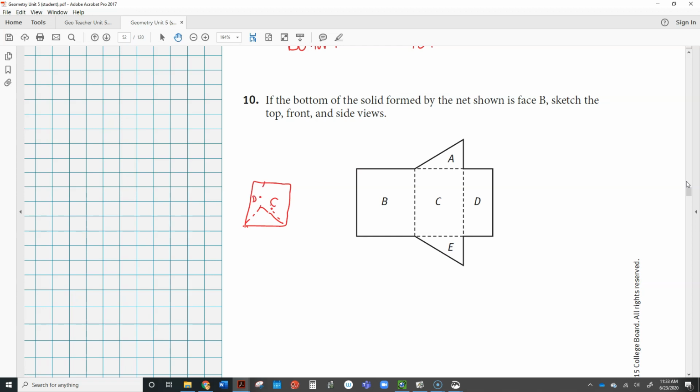So the top is going to be like a triangle, and these sides right here are going to close these in. This will be side E, and then down here we'll have another triangle that will close that in, side A. So when I'm looking down at the top, I'm going to see some of C and I'm going to see some of D. So I'm assuming that I'm going to see something that looks like this.